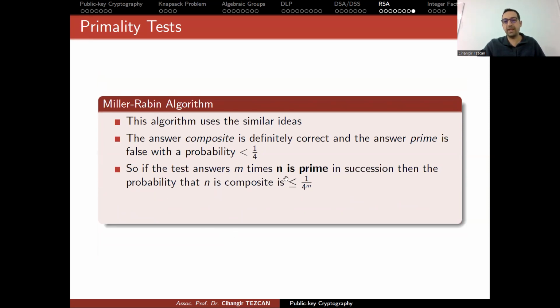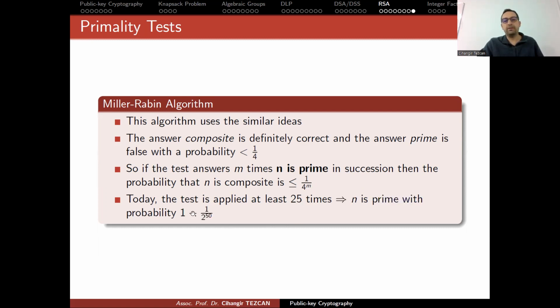If the test answers m times in succession that n is prime, then the probability that n is composite is less than or equal to 1 over 4 to the power m. So if you increase m, this number goes to 0 as m goes to infinity. Currently we use m equal to 25, but if you want to be more certain, increase it to 30 or something.